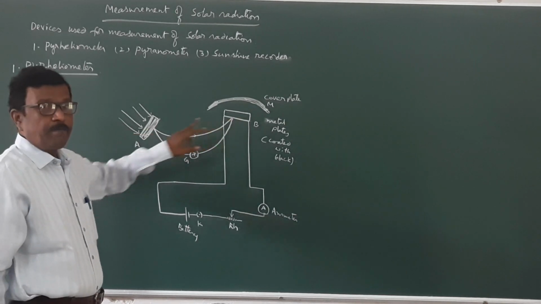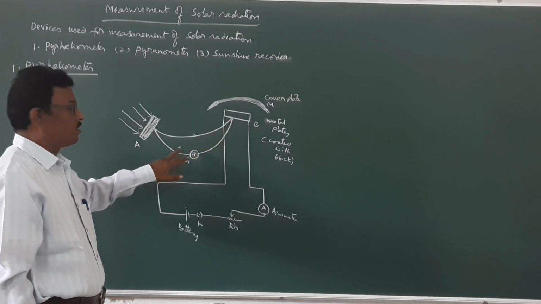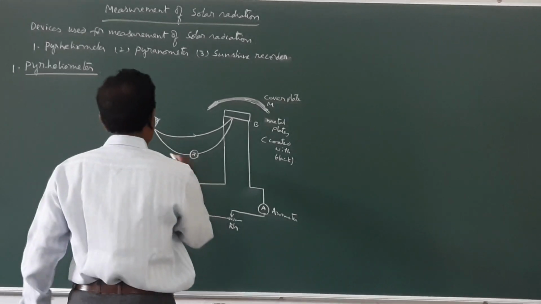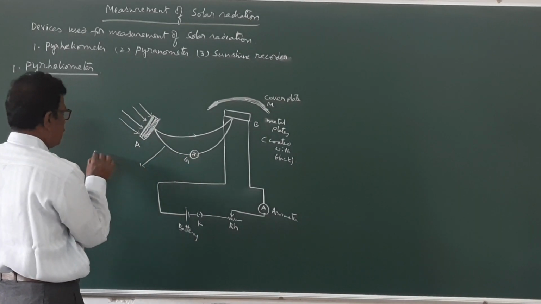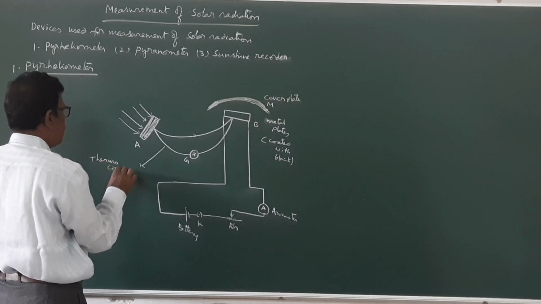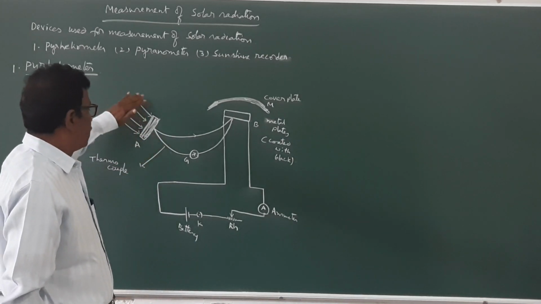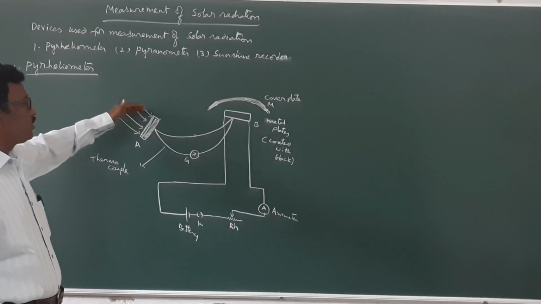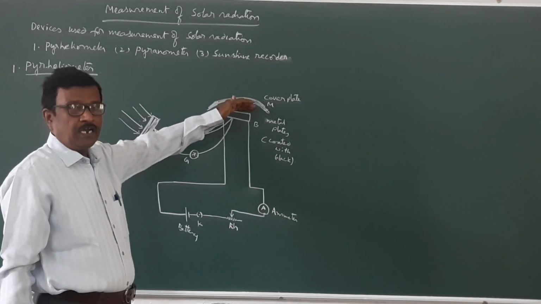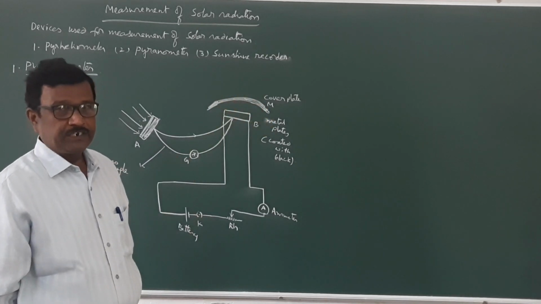These two plates A and B are connected to junctions of the thermocouple that consists of a galvanometer G. The plate A is exposed to solar radiation, while the plate B is shielded with a metal plate from the solar radiation.